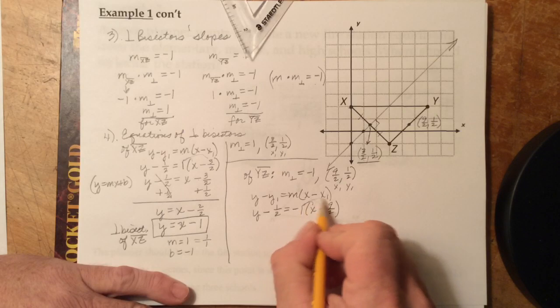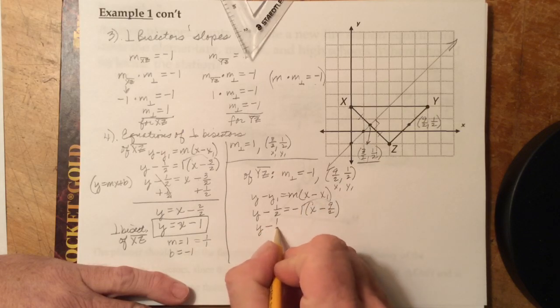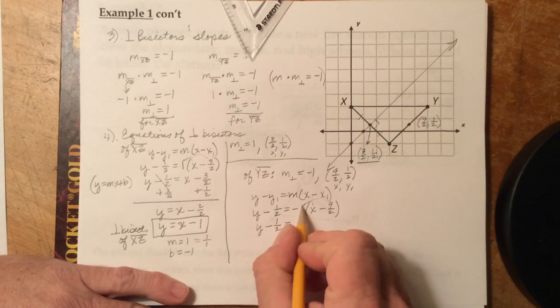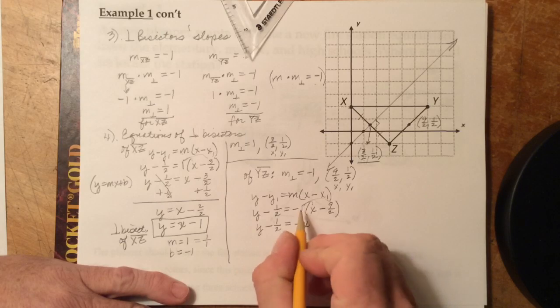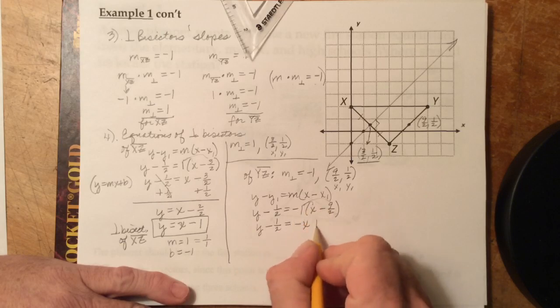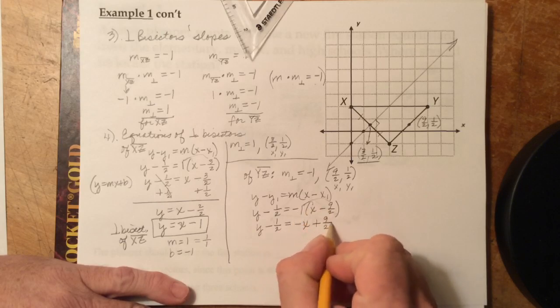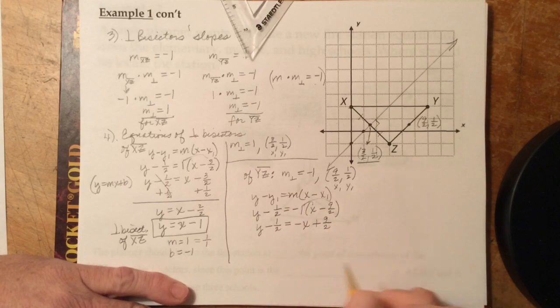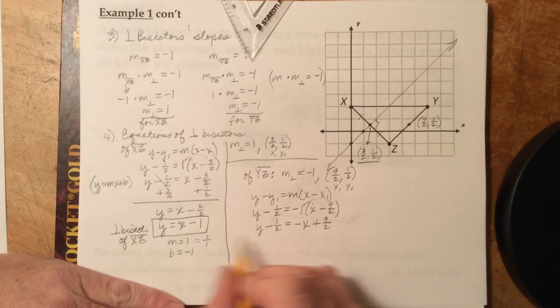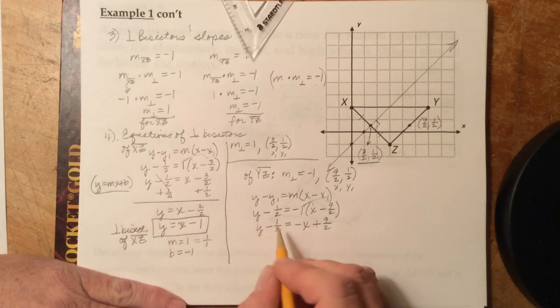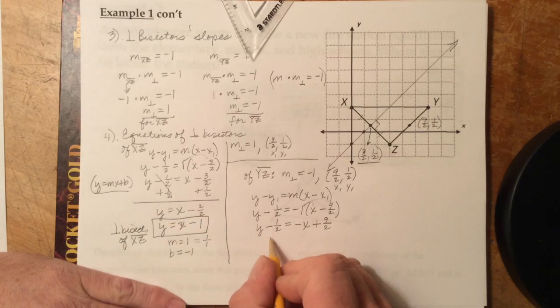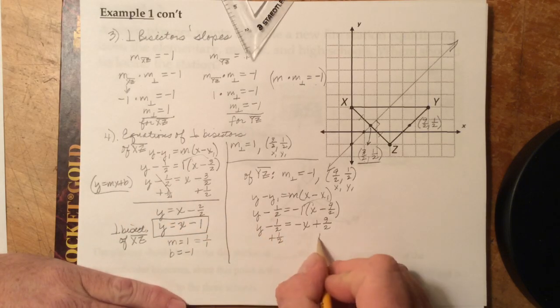Using the distributive property here, we get y minus 1/2 equals -1 times x, which is -x, and -1 times -9/2 is plus 9/2. Placing this in slope-intercept form, we need to get rid of the minus 1/2, so we add 1/2 to both sides.